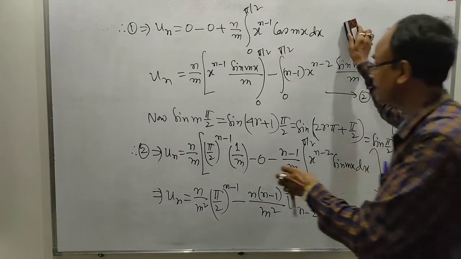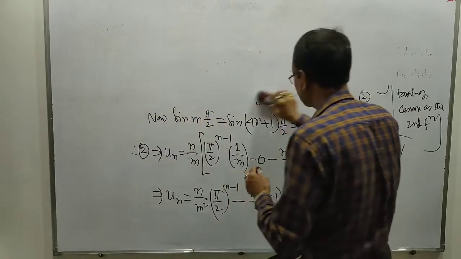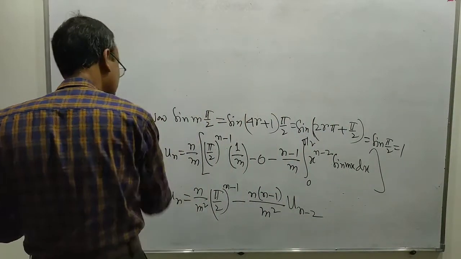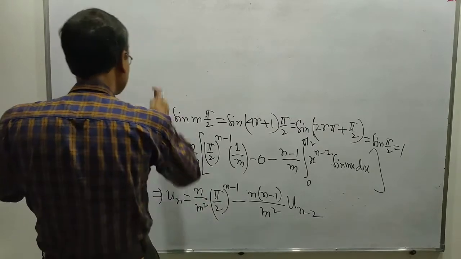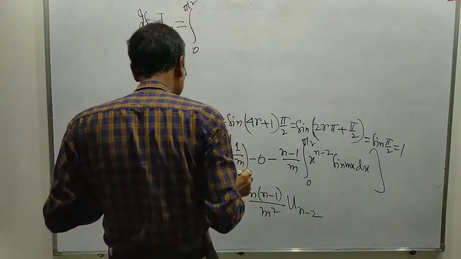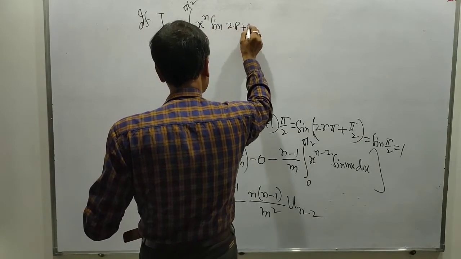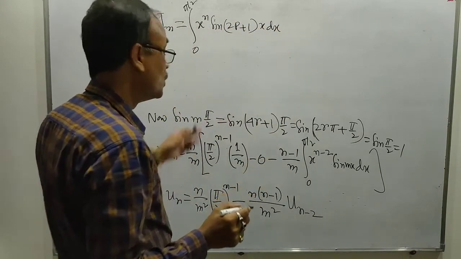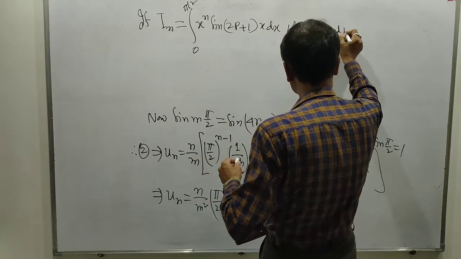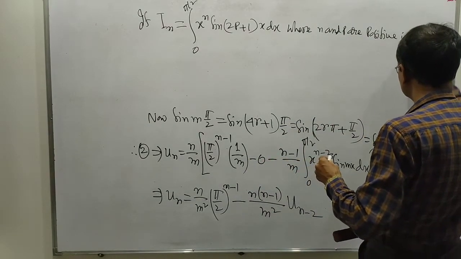It is very simple. Let us take another example. Suppose I_n equals integration 0 to π/2 x to the power n sin((2p plus 1)x) dx, where n and p are positive integers.